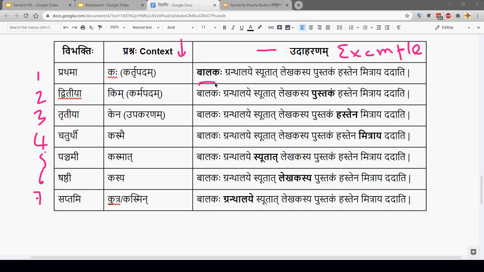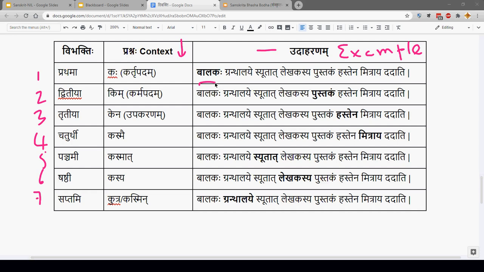Syutat. Lekakasya. Pustakam. Hastena. Mitraya Dadati.